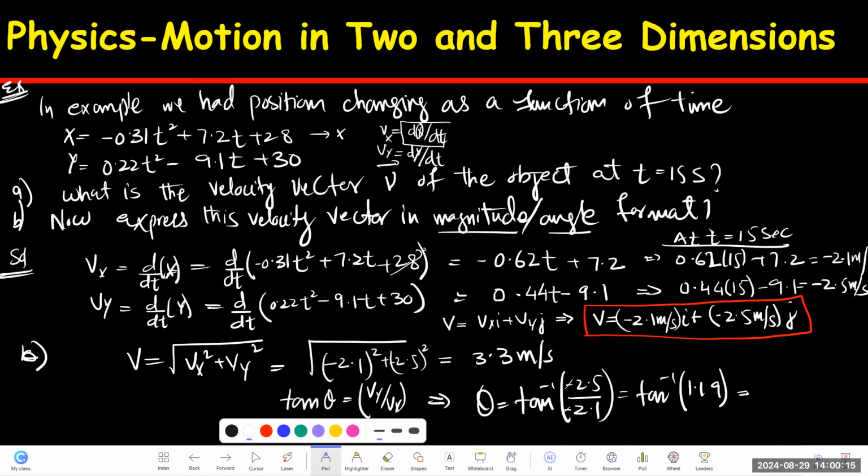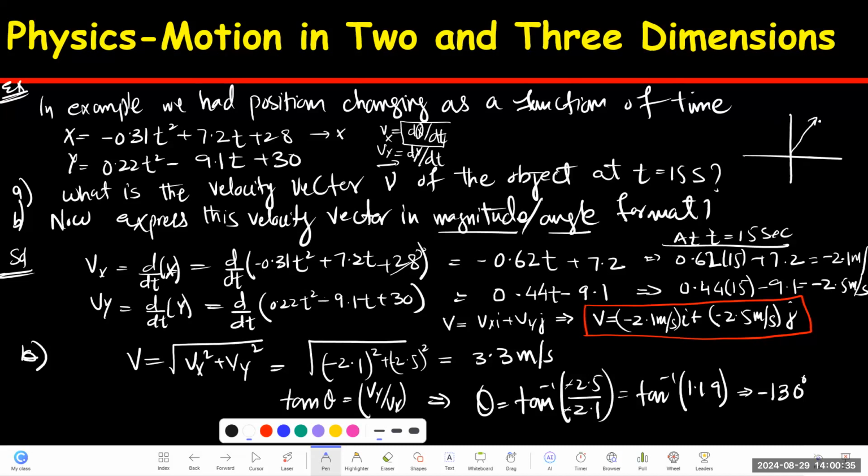And if you take the tan inverse, it's going to be 130 degrees with a minus sign. So the minus sign means the velocity is supposed to be somewhere here.